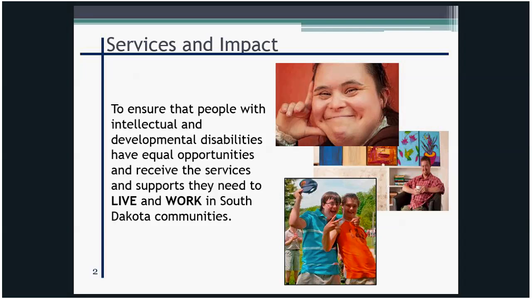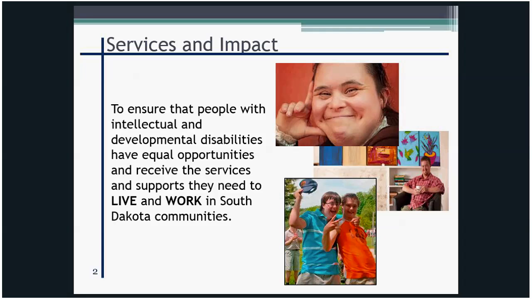Generally, when a person's IQ score is below 70, that would qualify as an intellectual disability. But we also support people with other conditions that closely resemble an intellectual disability, such as autism, cerebral palsy, epilepsy, fetal alcohol syndrome, and TBI.